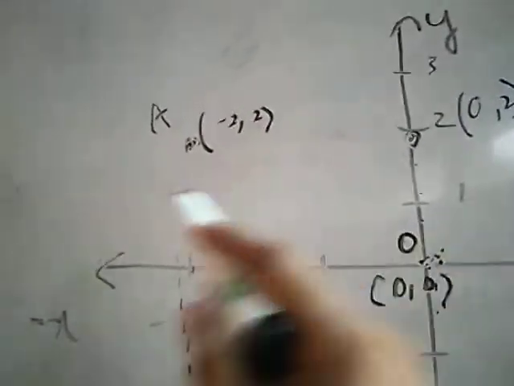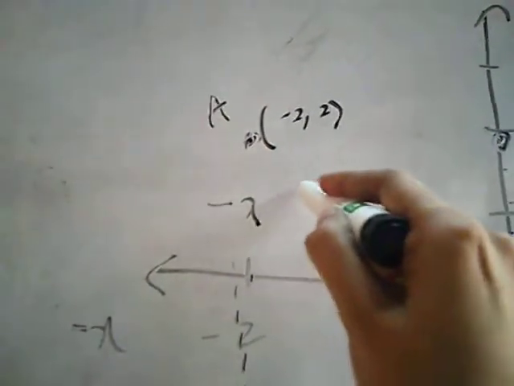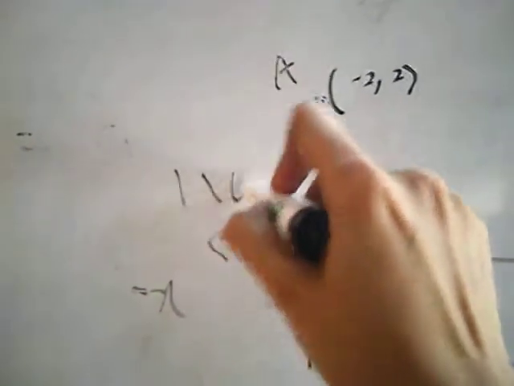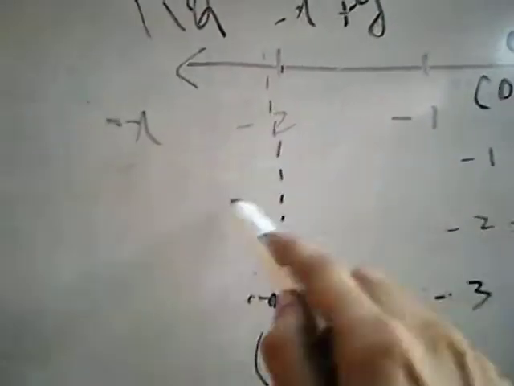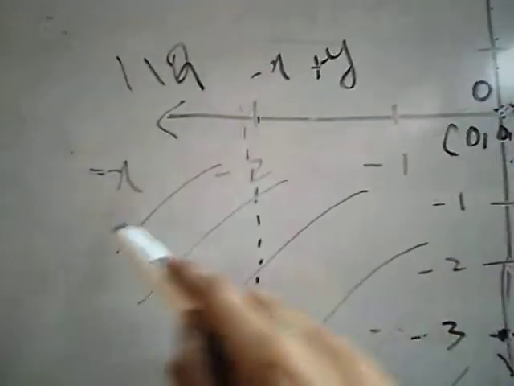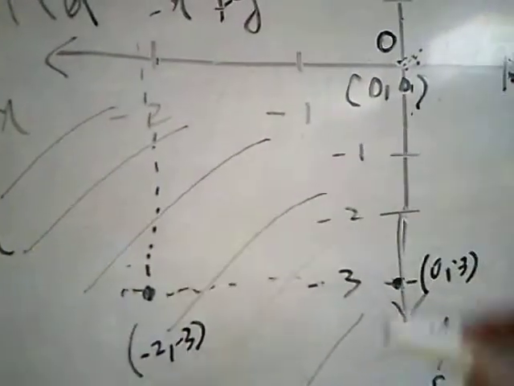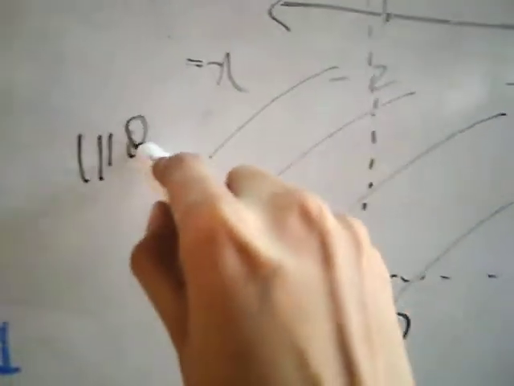In the quadrant on the left hand side, x is negative but y is positive, this is called the second quadrant. Moving to the bottom, this whole region has negative x and negative y. So this is the third quadrant.